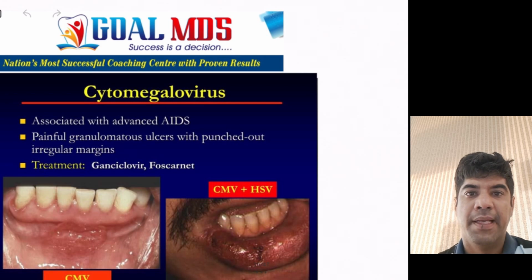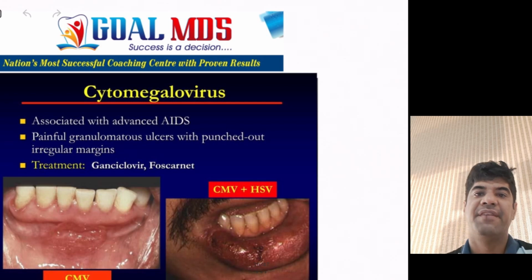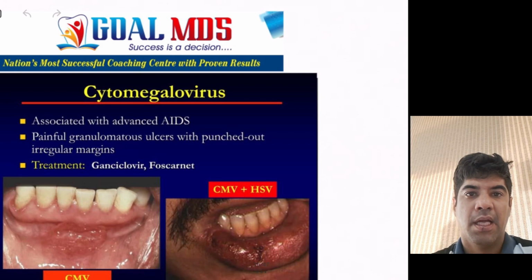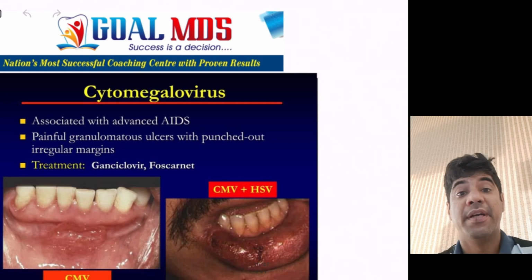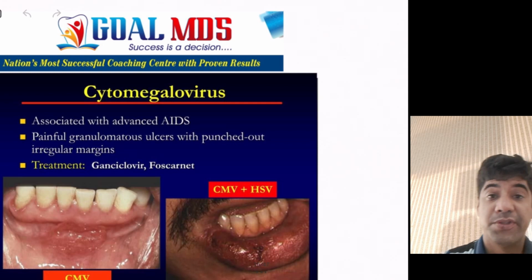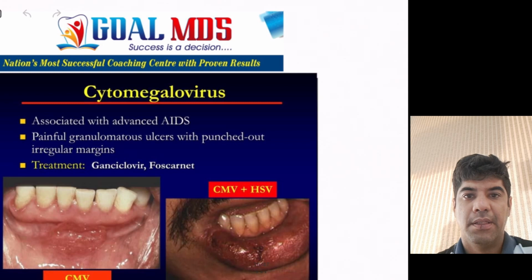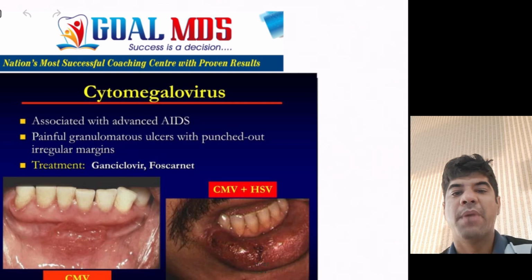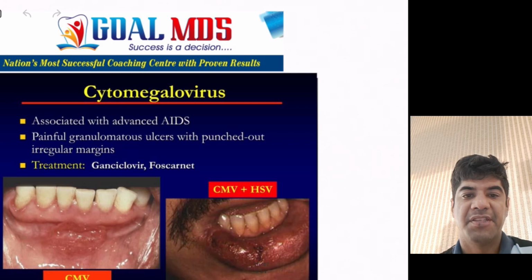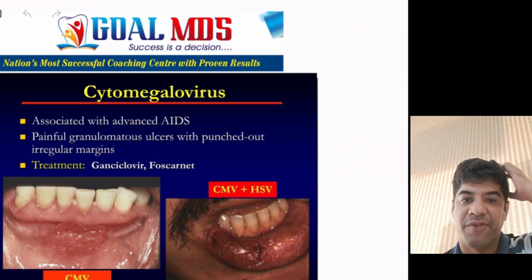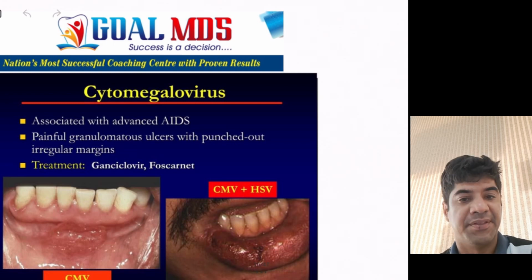Now, what are the clinical features? The cytomegalovirus infections are often asymptomatic. Congenital cytomegalovirus can lead to jaundice, hepatosplenomegaly, thrombocytopenia, and CNS involvement. In immunocompromised patients, such as transplant recipients and patients with AIDS, they are at high risk for severe cytomegalovirus disease.